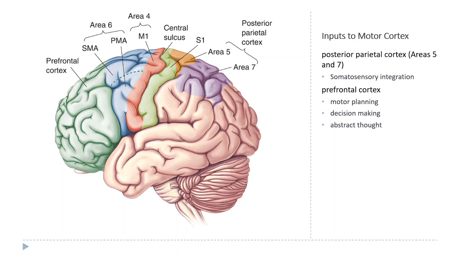It seems to be involved in a lot of things, obviously with motor planning, so planning out movements, but especially at the higher or more complex levels of cognition. So motor planning both in short term and also long term. So prefrontal cortex seems to be important for decision making, anticipating consequences of actions, long term thinking. A lot of abstract thought seems to be involved in the prefrontal cortex.